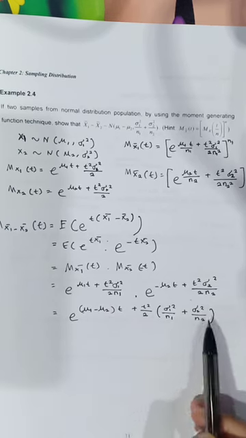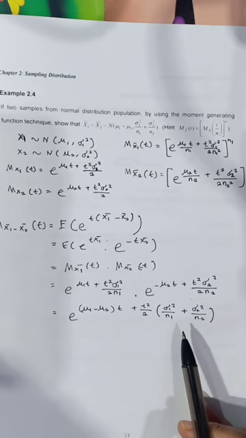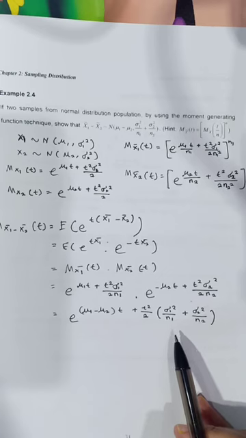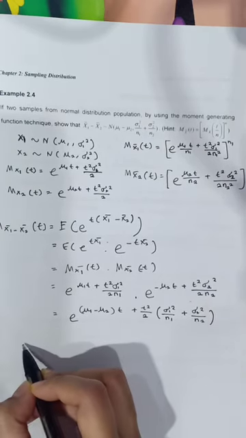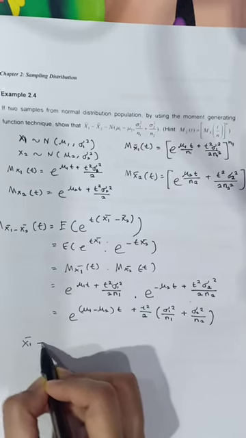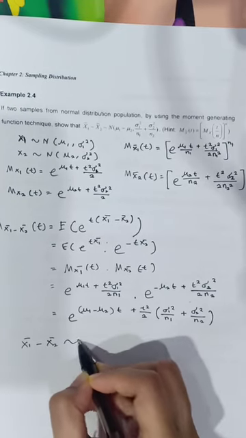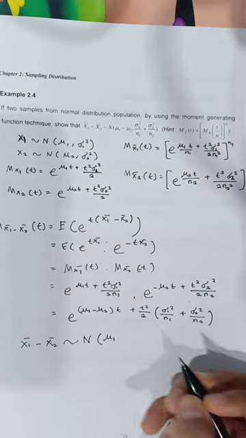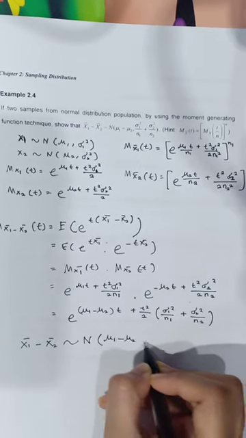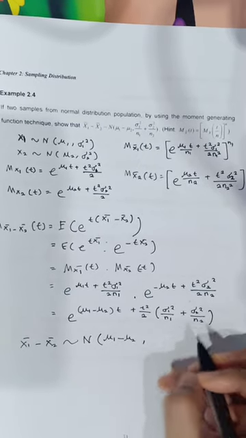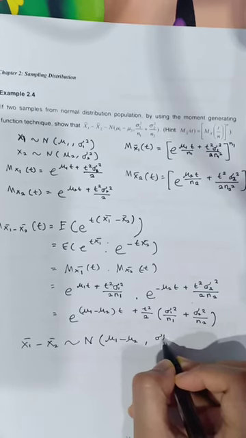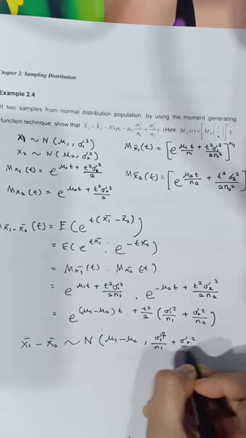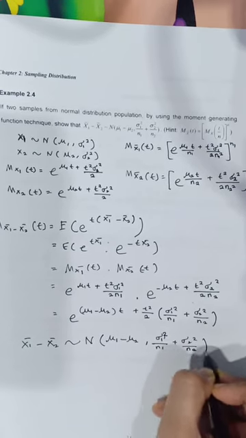The parameter for the mean is mu1 minus mu2, and the parameter for the variance is sigma 1 square over n1 plus sigma 2 square over n2.